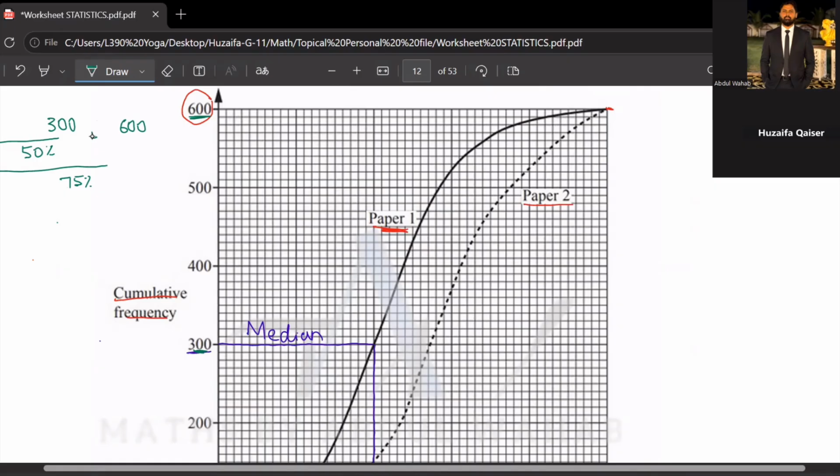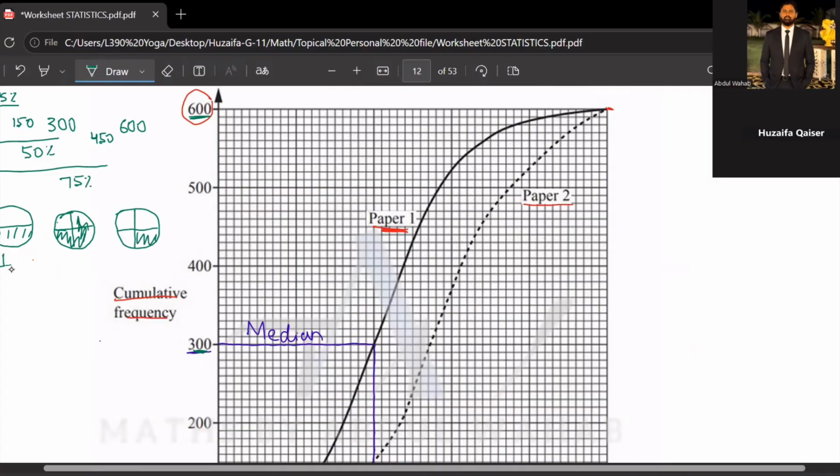So this is 450. And if you need to find the lower quartile, 25%, so 25% must be at 150. Is that okay? You may understand this if you imagine a circle. If you need to find the median, you just divide by 2. If we need to find the lower quartile, you are working on 1/4 of the circle, and for the upper quartile, you are working on 3/4.